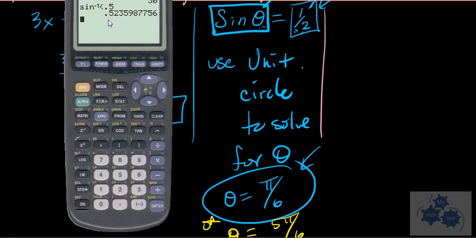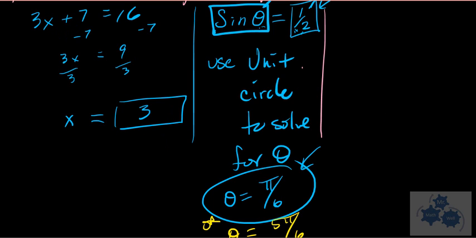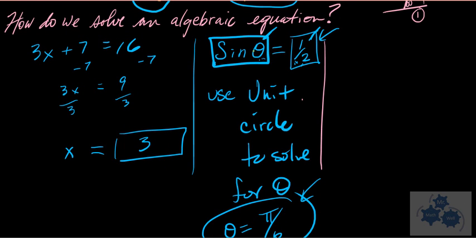Most calculators just spit out the acute angle, the first quadrant positive angle, when you ask stuff like this. So the questions are not just going to say, what's the missing angle theta? They're going to say, what is this angle between 0 and 2 pi radians?